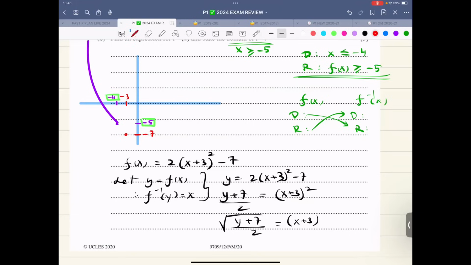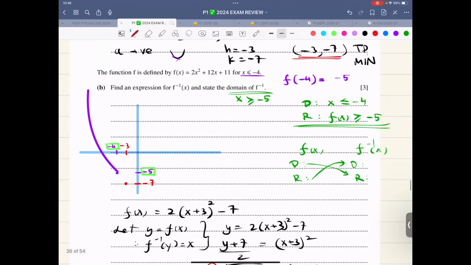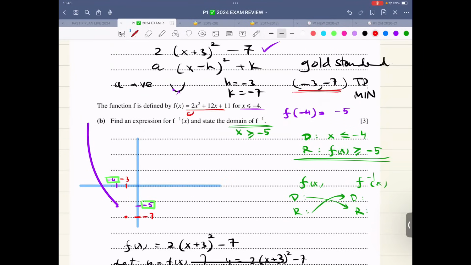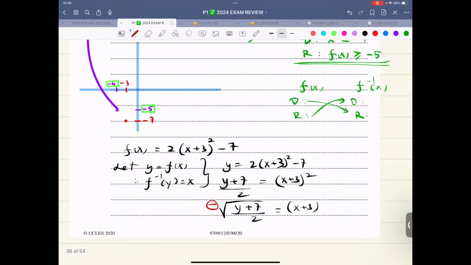And now we give it a negative sign. Why? Because the original function is quadratic and we are going left of the turning point. So therefore, the square root will have a negative sign. x equals -3 minus the square root of (y + 7)/2.